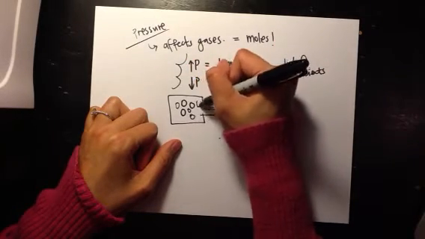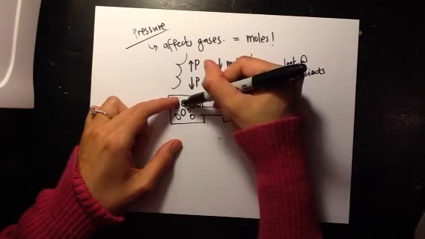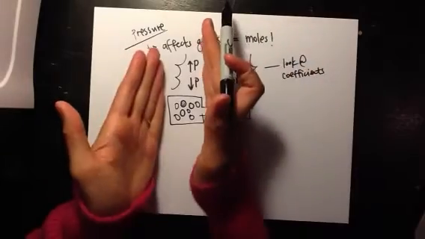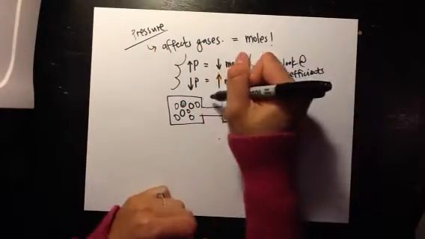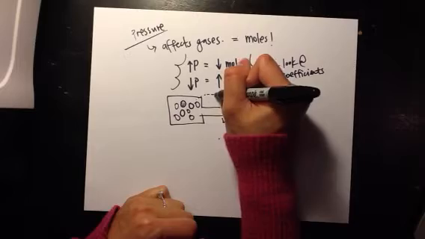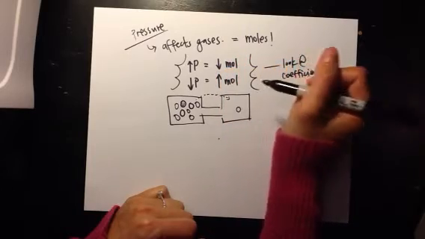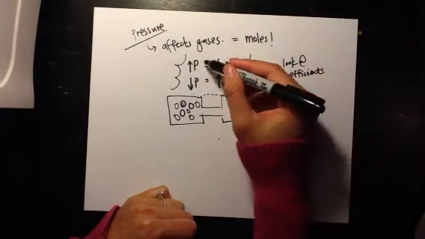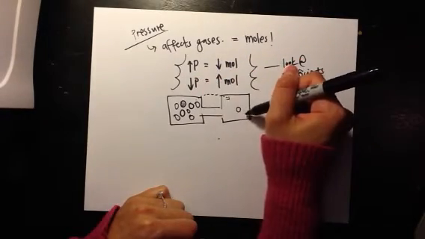Or if I make it a little more obvious, and you're still this person, you don't want to be in this room when pressure is increased. You're actually going to want to mosey on over to this room because there's only one person. That person's not going to bother you, okay? So if you increase pressure, you will shift to the side that has less moles.